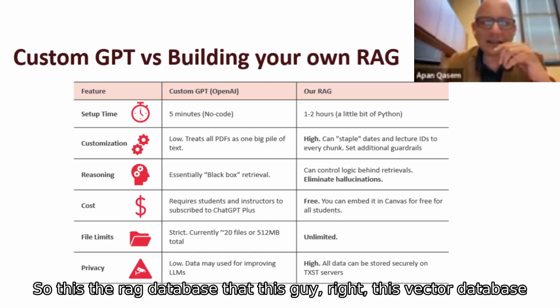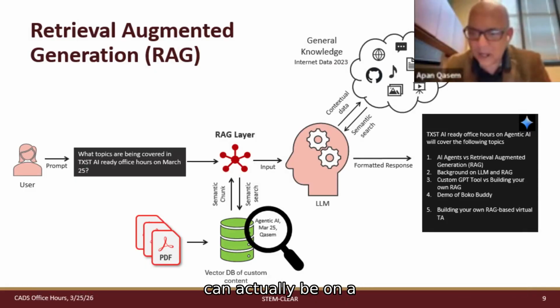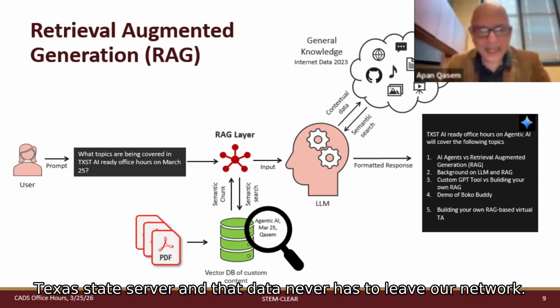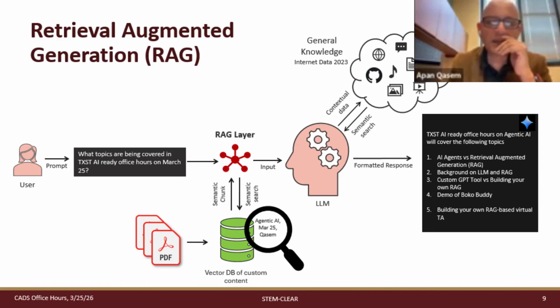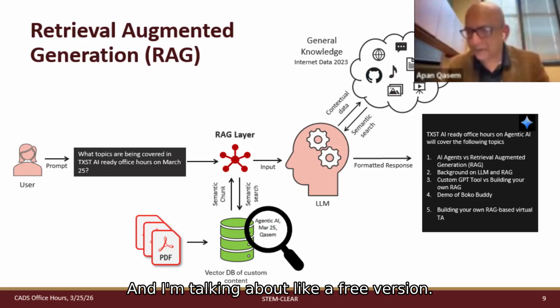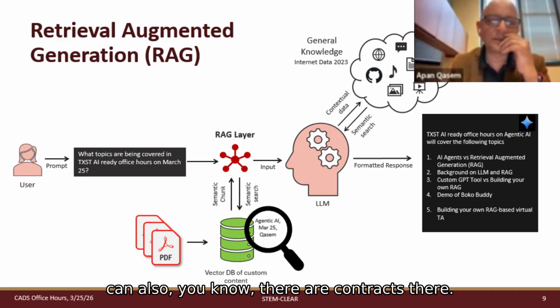So the RAG database, this vector database, can actually be on a TXST server, and that data never has to leave our network, right? So you have that added security. And I'm talking about like a free version, right? Of course, for paid versions, there are contracts there.